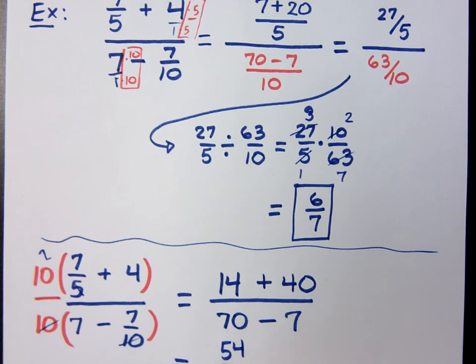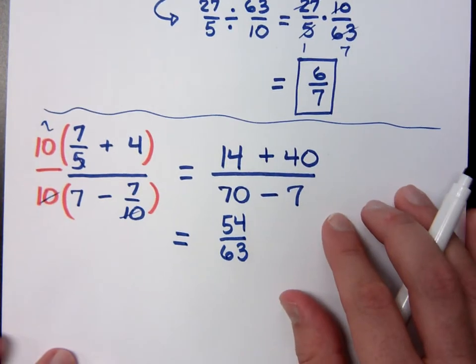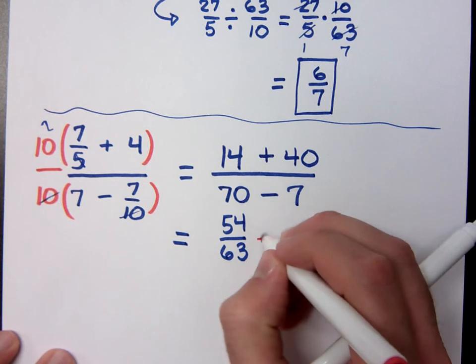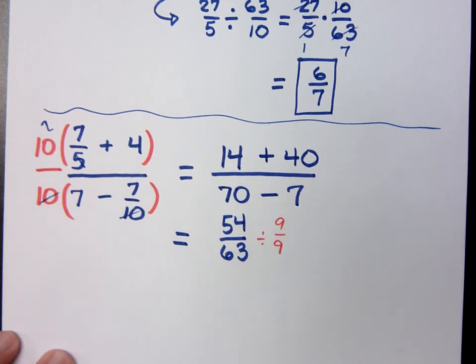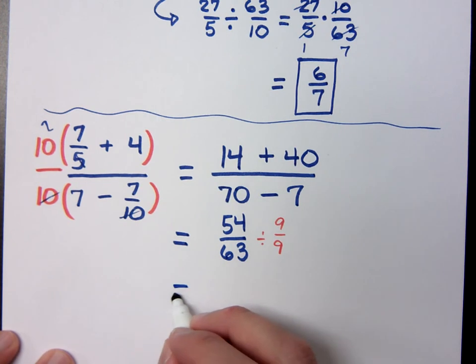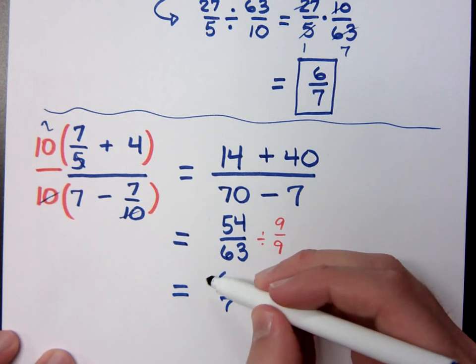That's 54 over 63. How does that reduce? Oh, excuse me, sorry. These guys can reduce by 9, right? 9 over 9? So what do I get? 6 over 7.